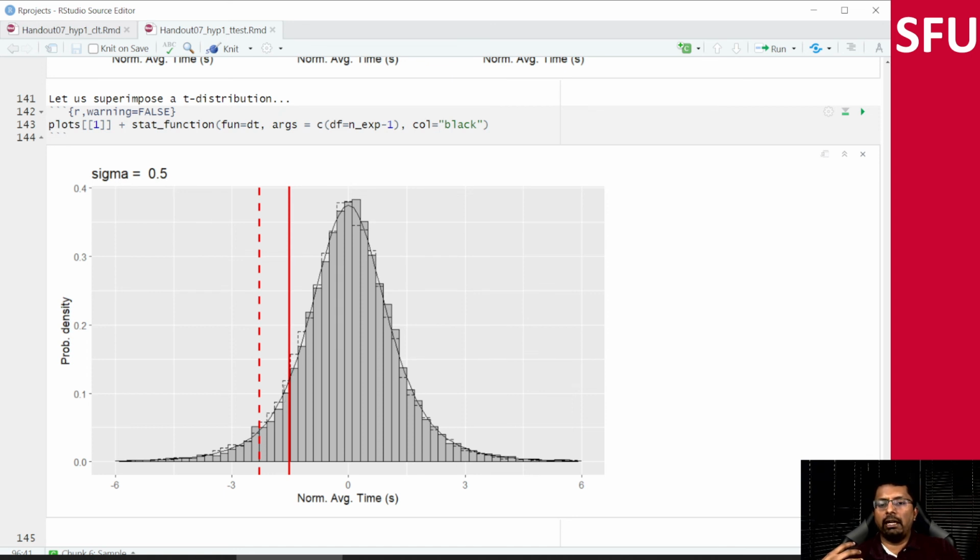If I get the probability from minus infinity up to this red line, that gives me the likelihood that if the null hypothesis had been true, I would get a sample mean corresponding to the red line. In some ways that gives you a likelihood of how likely the null hypothesis is true, although that is semantically incorrect.